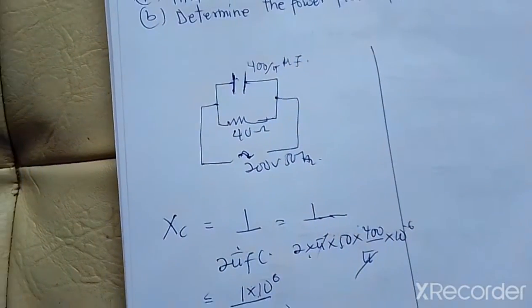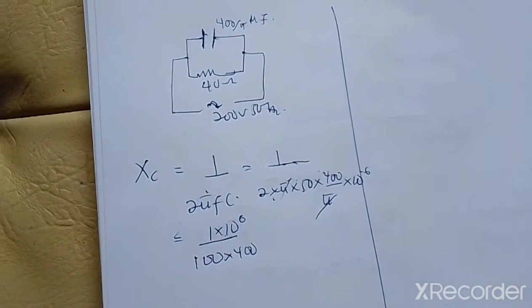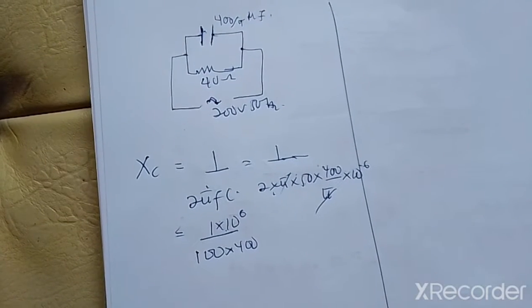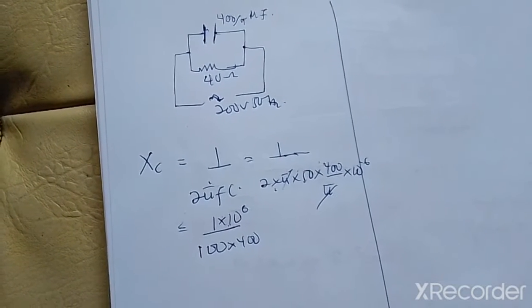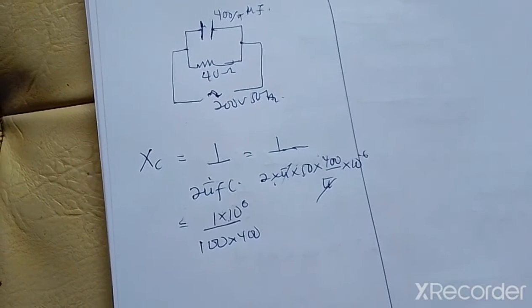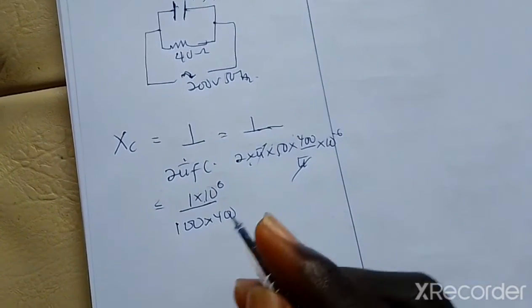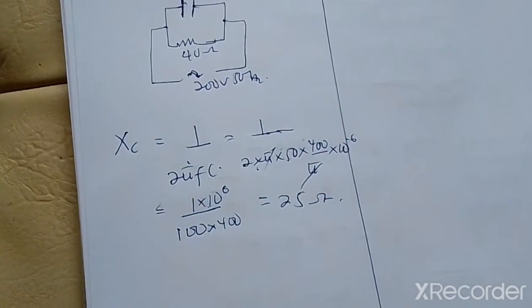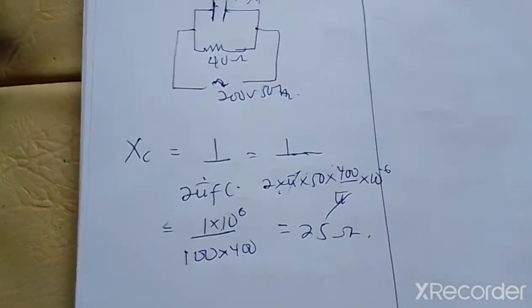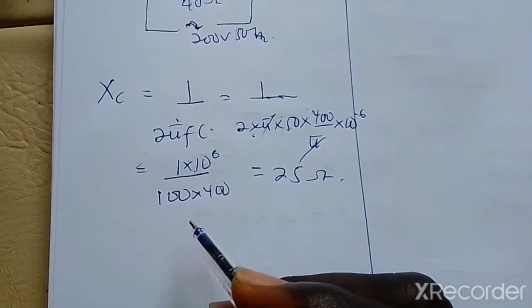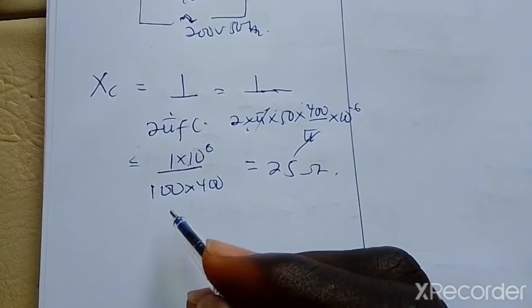So we have 10 to the power 6 over 400 times 100, and that will give us 25. So this is equal to 25 ohms. It's a reactance, so it's 25 ohms. Now to represent the 25 ohms in complex form, we know that capacitive reactance is represented with negative complex parts.